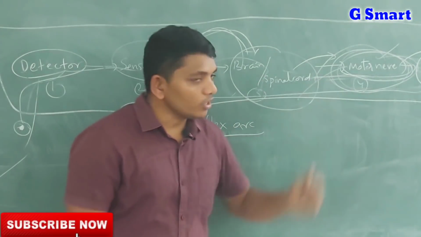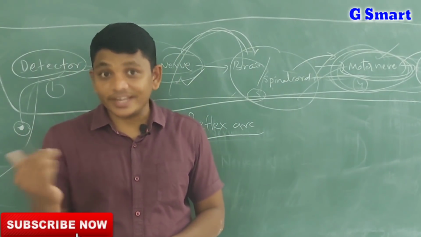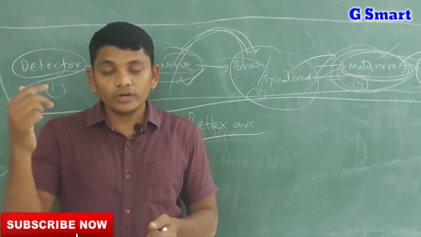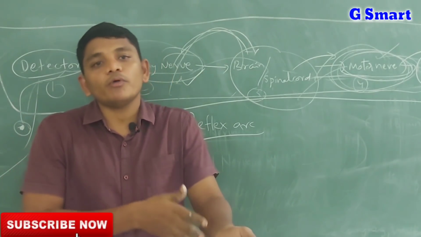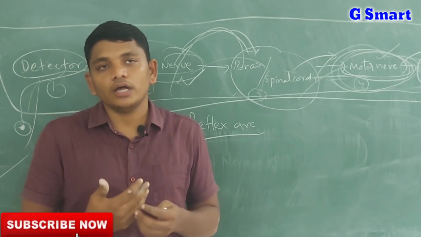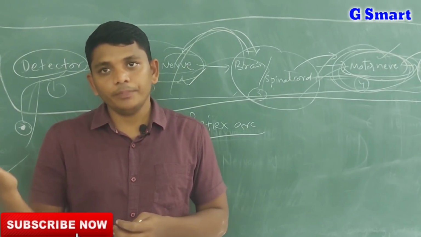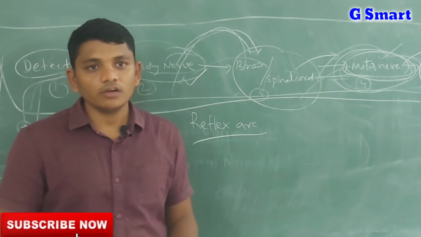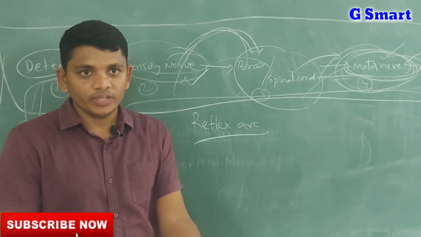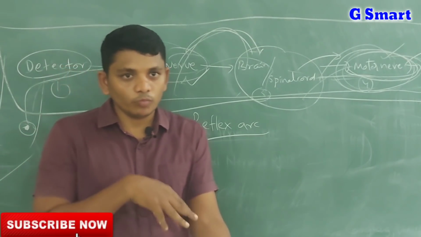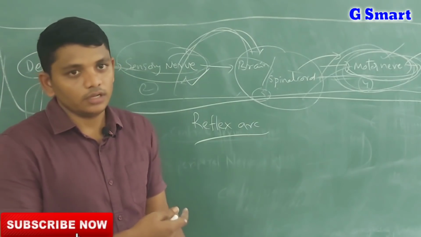The motor nerve receives the response from the brain or spinal cord, so it comes under the inward parts of our body. It does not appear outside. The part appearing outside is the sensory nerve. The motor nerve is always inside, working in our body only. It does not appear outside. Clear?